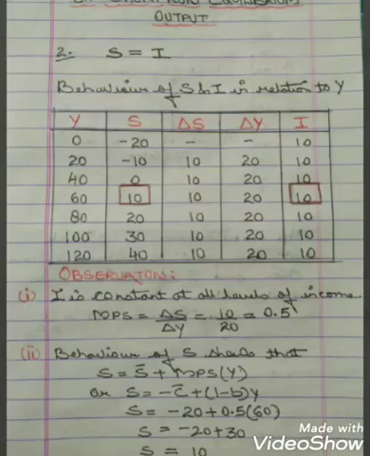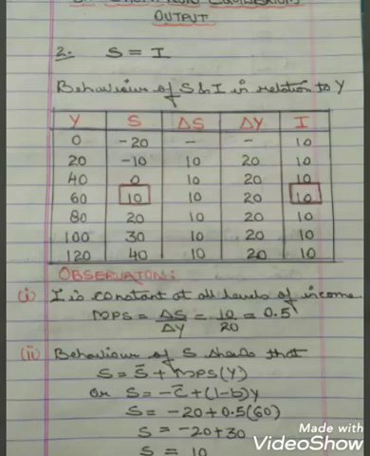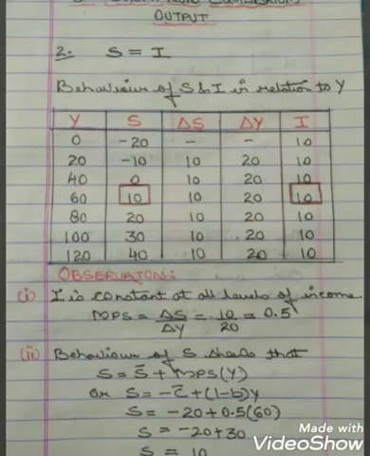In the previous session, when we did AS equals AD, we took out that MPC is 0.5. So 1 minus 0.5 comes to 0.5. Taking Y as 60, S equals minus 20 plus 30, and saving comes to 10.